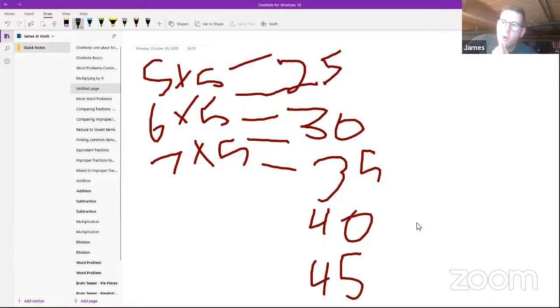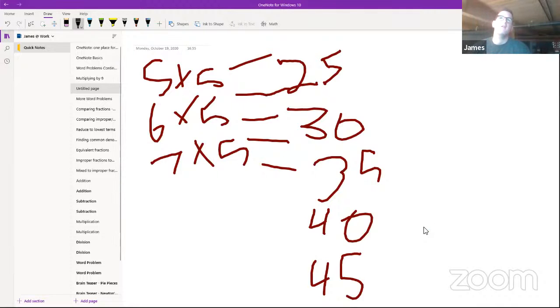And do you know one of the tricks about multiplying by 5? 5 times 1 is 5, 5 times 2 is 10. 5, 10, 15, 20, 25, 30, 35, 40, 45, 50. Okay, right. So you know all the multiples of 5.